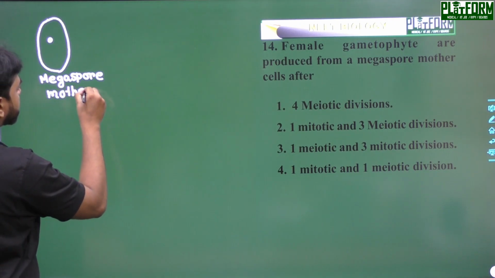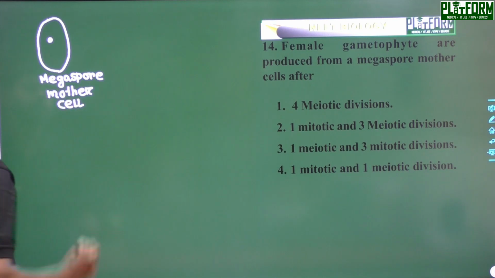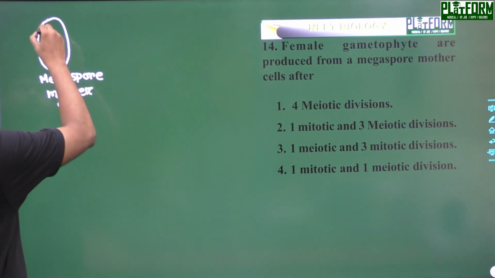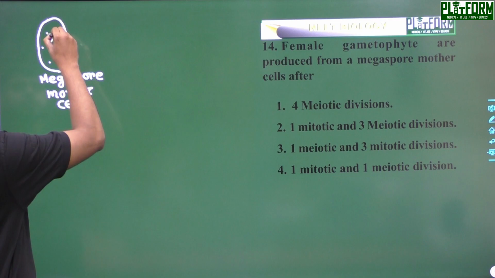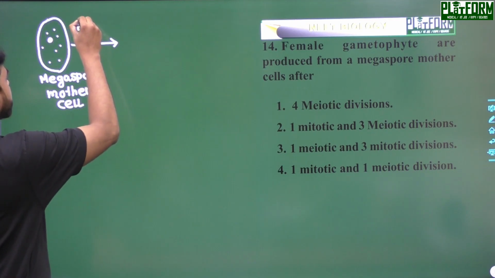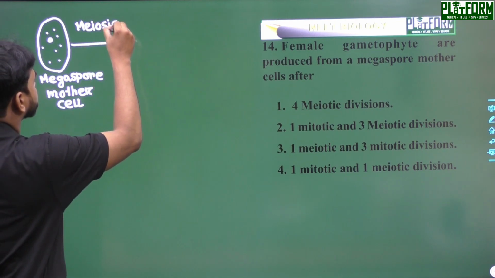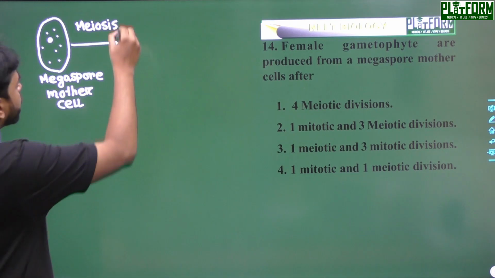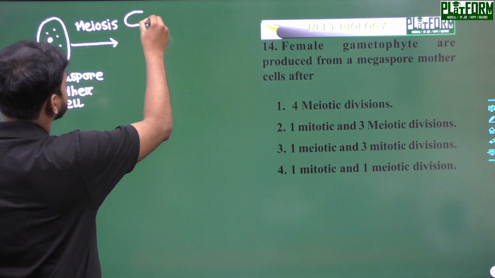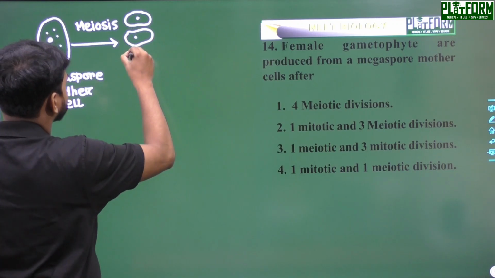Now, what will happen? This megaspore mother cell undergoes meiosis division to produce 4 megaspores, 4 haploid megaspores.